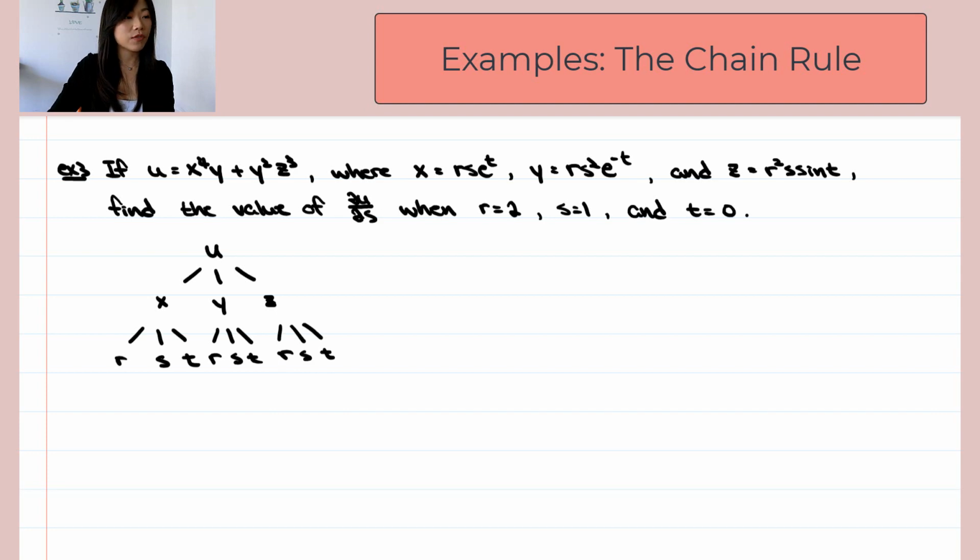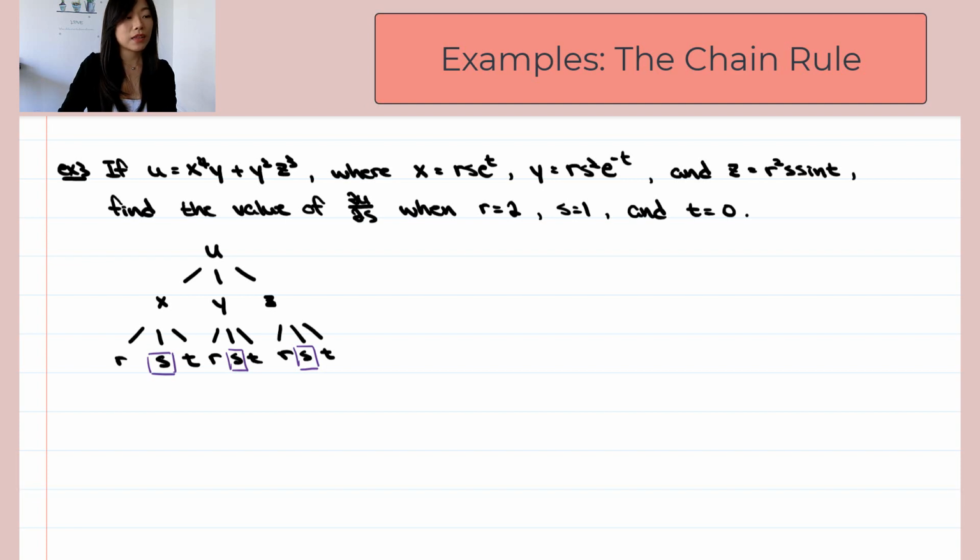The partial derivative we want is the partial derivative of u with respect to s. Then I check at the end of the tree, and I see that I have 3 s's. To go from u to the first s, I need to go through x and then to s. To the second s, I need to pass through y, then to s. And for the third branch, I need to go through z and then to s.